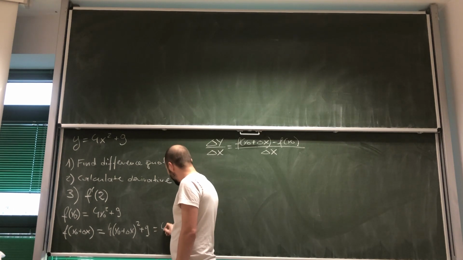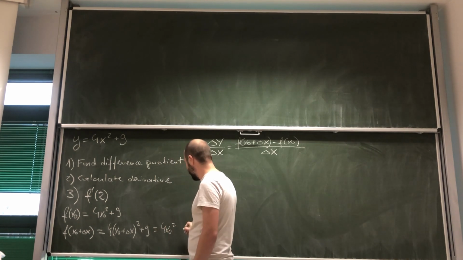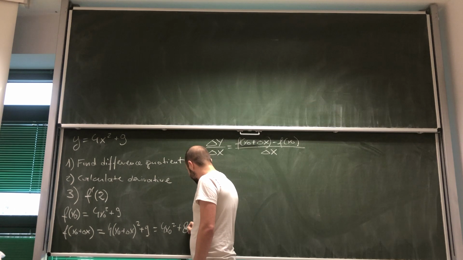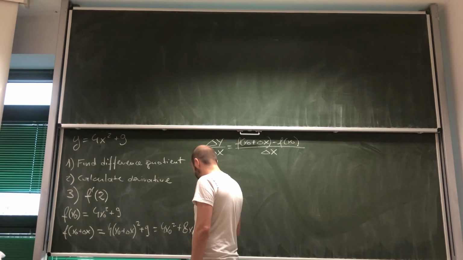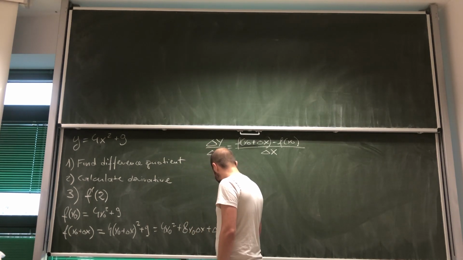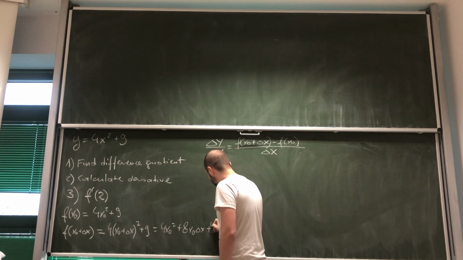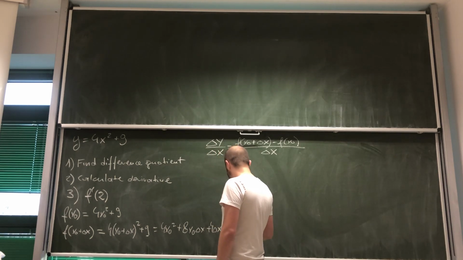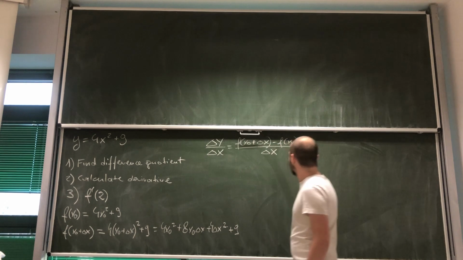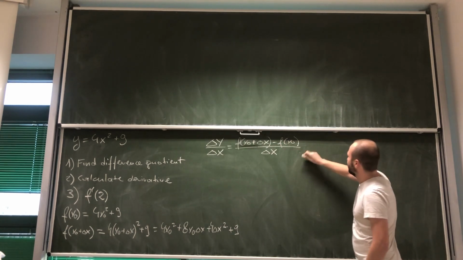This will be 4x0 squared plus 8x0 delta x plus 4 delta x squared plus 9. Okay, we can start substituting.